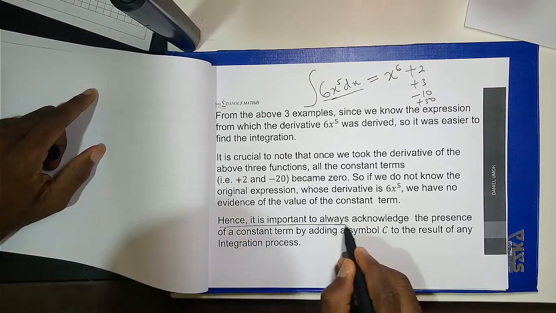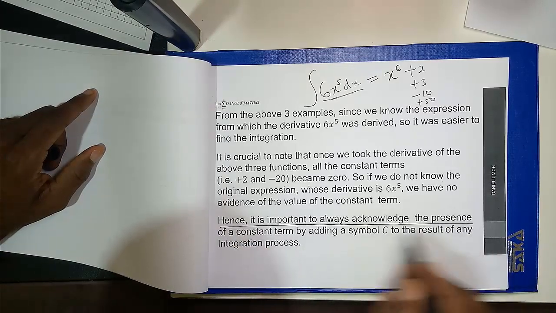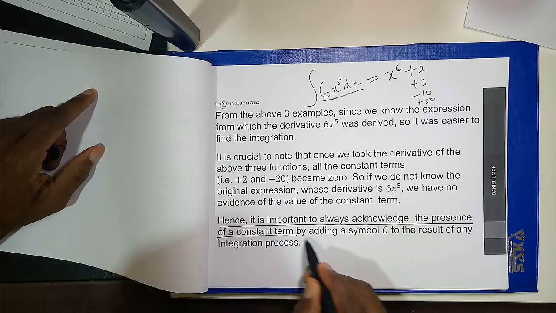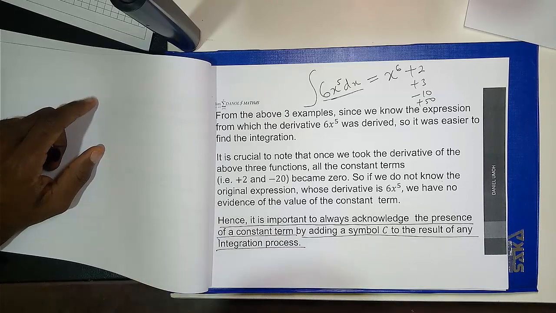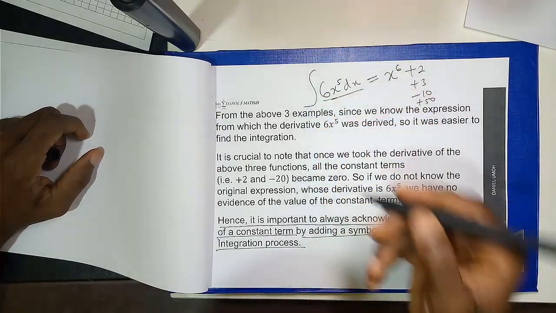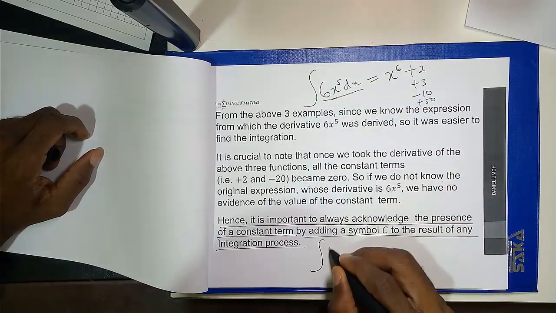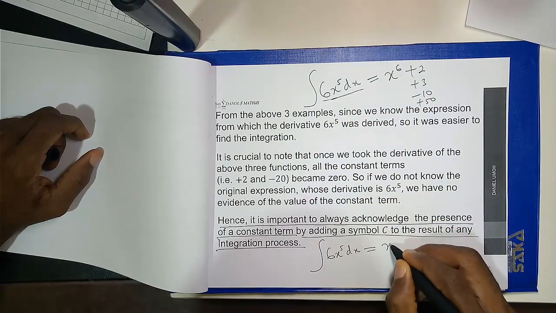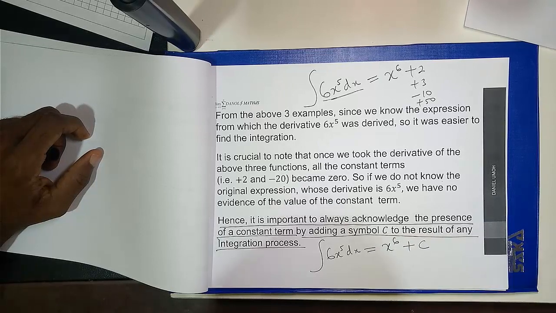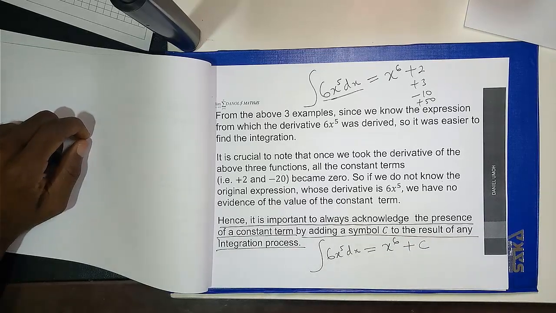It is important to always acknowledge the presence of a constant term by adding a symbol C to the result of any integration process. What we are simply saying here is that if you are integrating 6x raised to the power of 5 dx, the answer is what? X raised to the power of 6 plus C. C is a constant term.